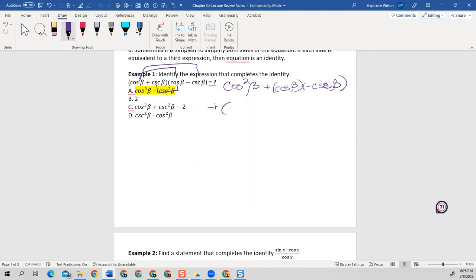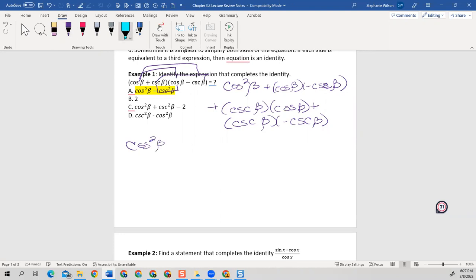So now we got cosecant beta times cosine beta, plus, and then our last. We got a positive cosecant times the negative cosecant. Let's clean this up. I got cosine squared beta.